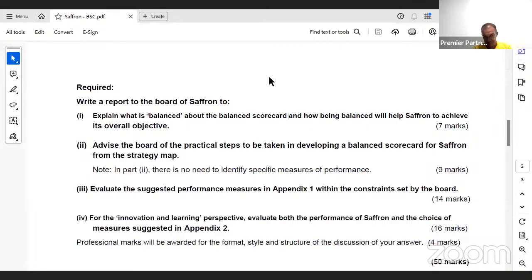For example, if environmental performance is important to the organization, then an environmental perspective would be included in BSc.